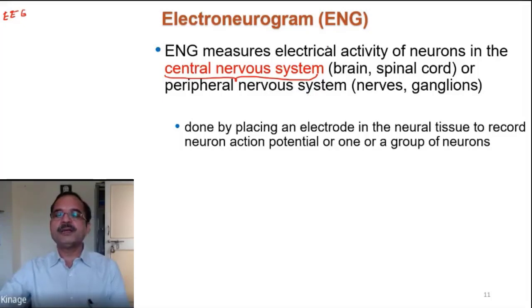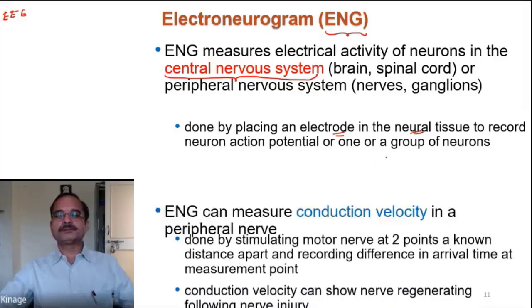That is called ENG. It is done by placing an electrode in the neural tissue to record neuron action potential of one or more groups of neurons. So an electrode is placed in the neural tissue to measure this ENG, called electroneurogram, for one or more groups of neurons.